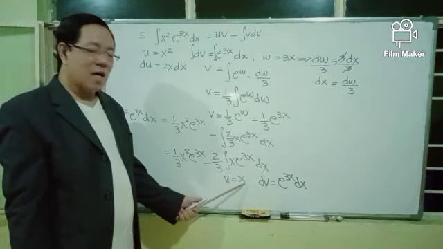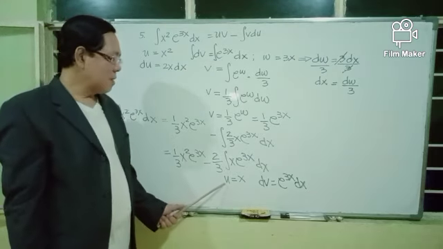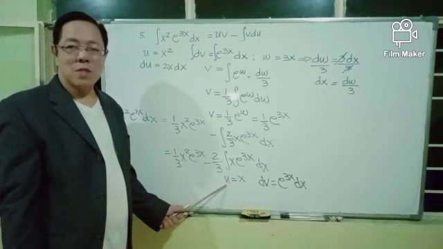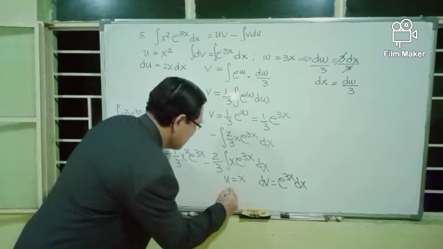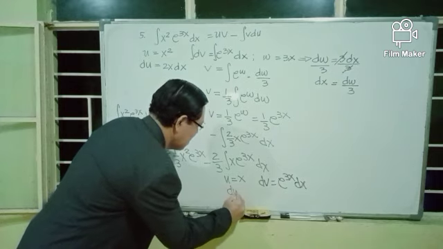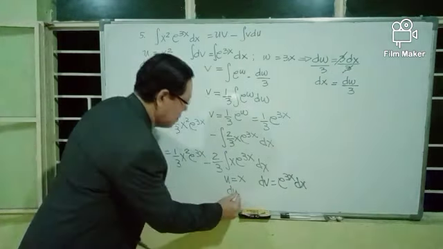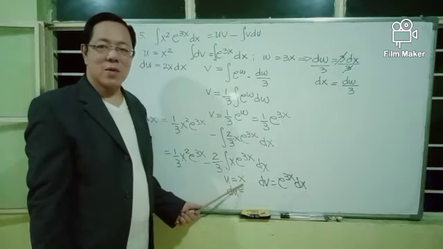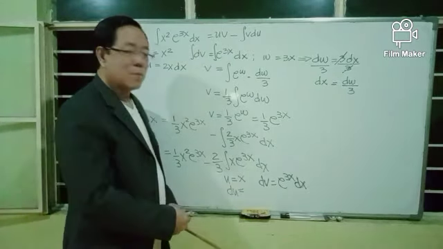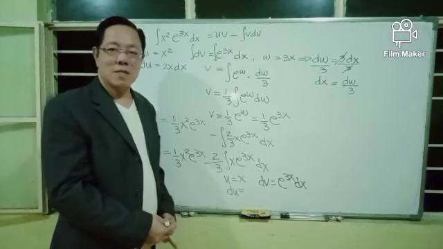From u equals x, we differentiate both sides. The derivative of u with respect to u is 1 times du, equals the derivative of x with respect to x, which is 1 multiplied by dx, or dx.